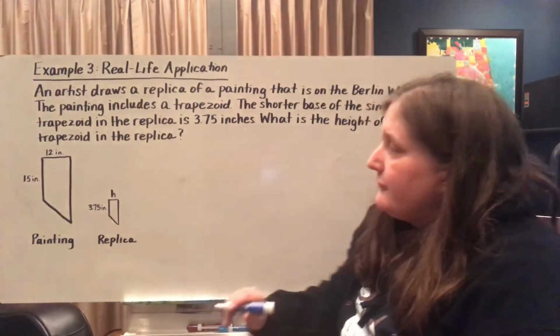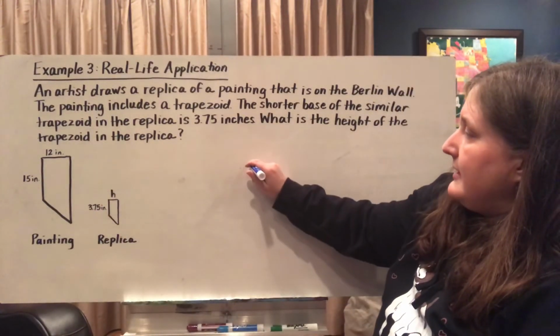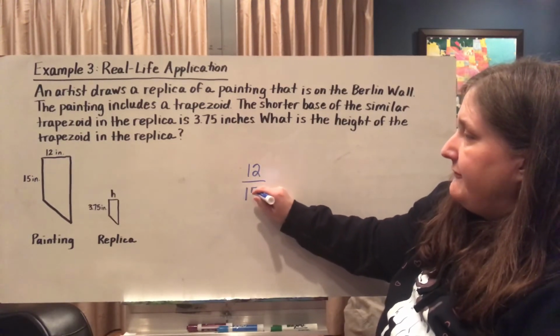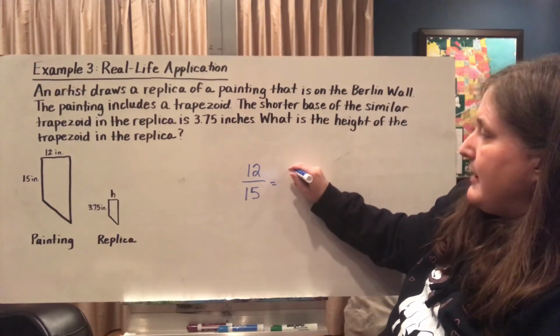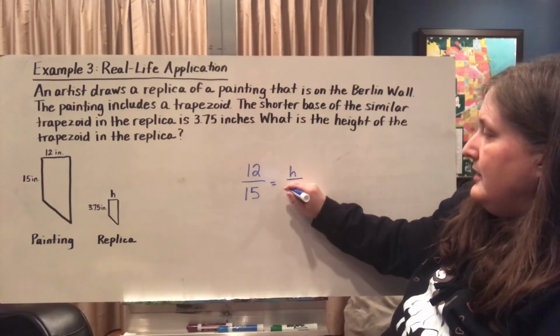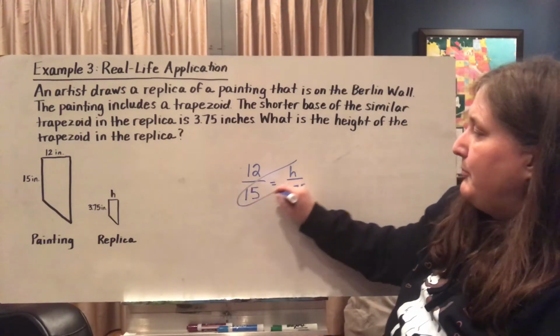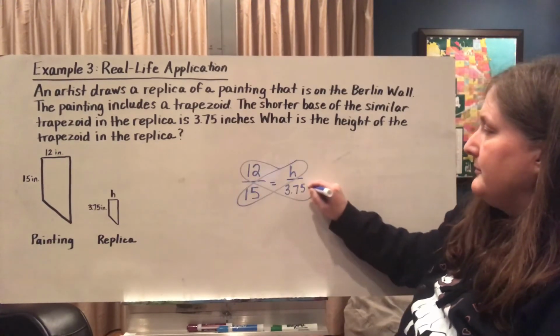So my proportion for the original painting, I said it had a height of 12 and a base length of 15. In the replica, the height is what we don't know, and the base is 3.75. So they should be proportional if we know they're similar.